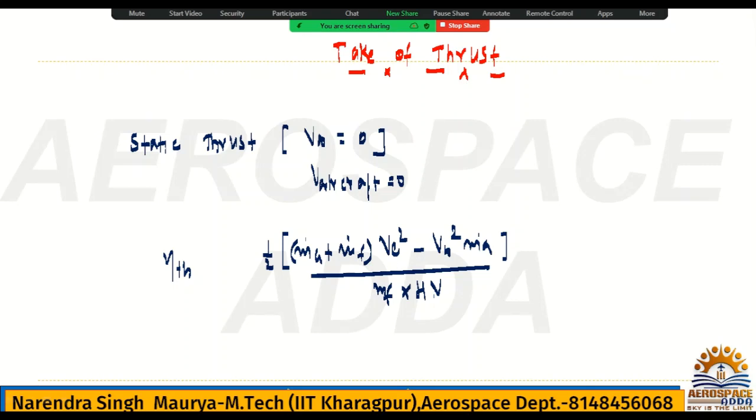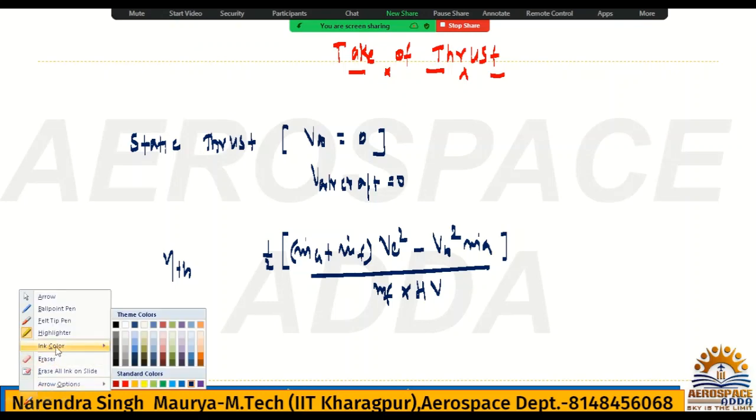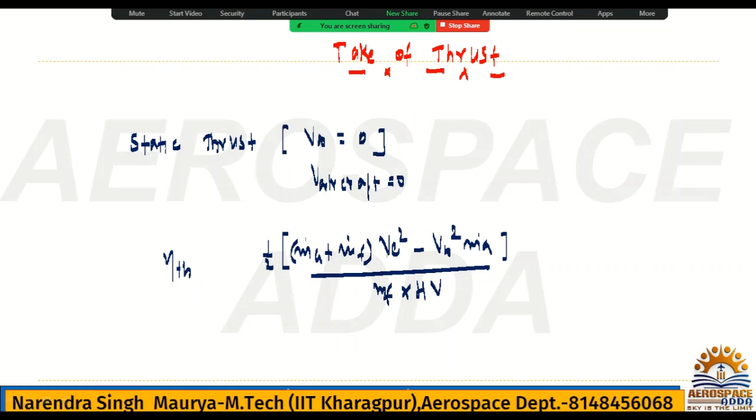Now in the case of takeoff thrust, for the static thrust condition you will have V infinity, which is nothing but 0. Because you are going to write takeoff thrust, this V infinity must be 0.